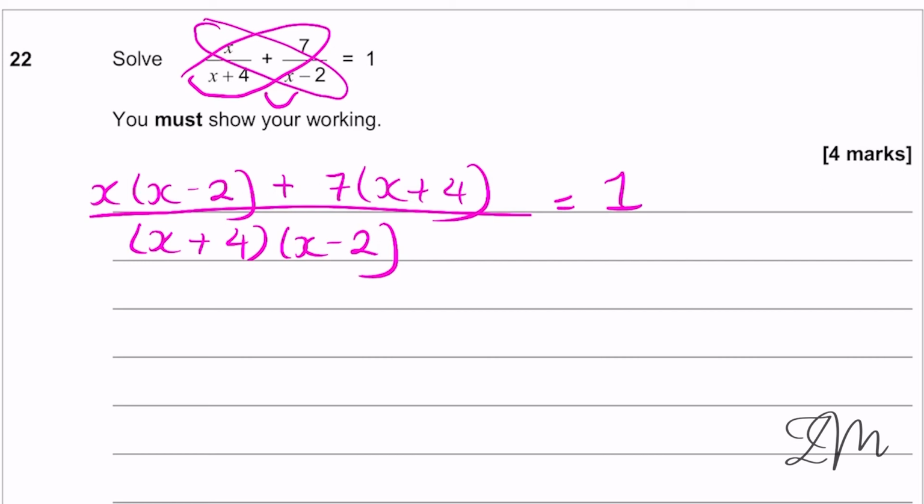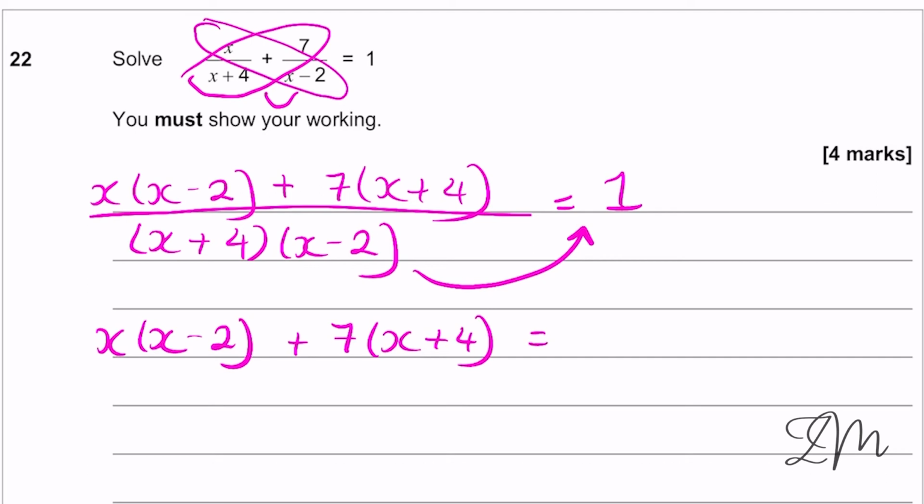So you've put your fraction together and it equals 1. Now, we can multiply this up to here. So we get (x minus 2)(x plus 7) equals (x plus 4)(x minus 2). So now let's open out all the brackets.